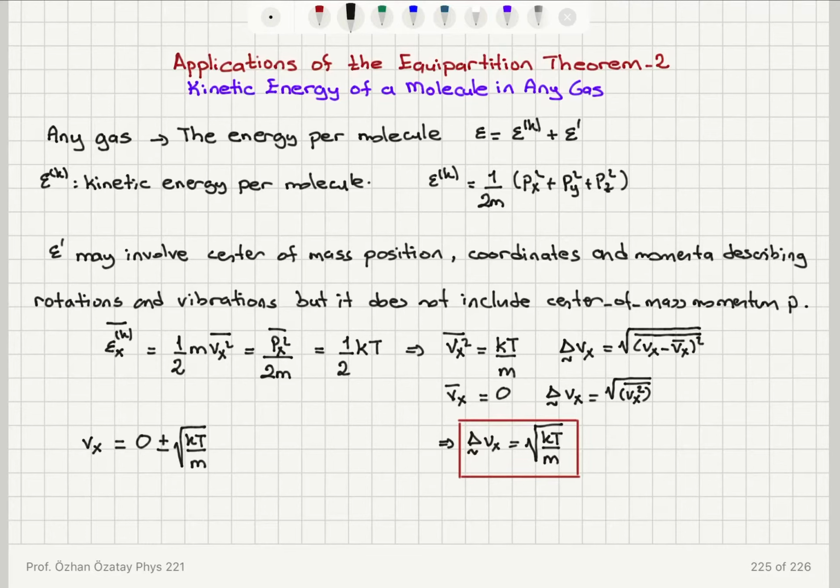And the mean value of the kinetic energy contribution, once again, because it has three independent quadratic terms, px, py, pz, will give me, just like in the monatomic ideal gas case, 3 over 2 kT. This is due to the equipartition theorem.